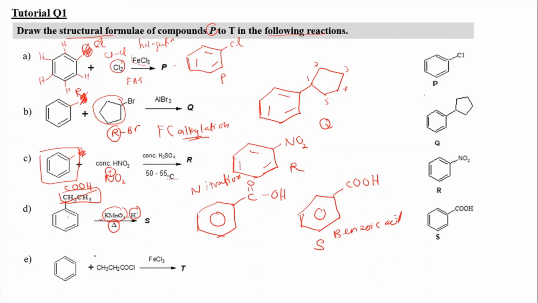Okay. Now for step E, you have a benzene and you will have an acyl chloride here. So if you were to draw the structure, you're going to have CH3, CH2, attached with the carbon here, which is attached with C double bond O, Cl. Okay, so it happens with a Lewis acid here.